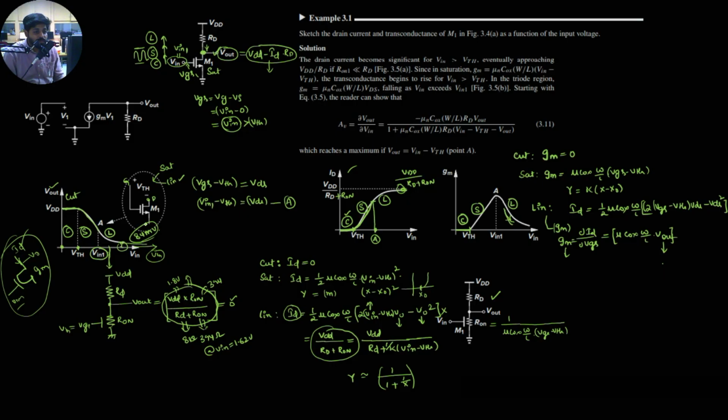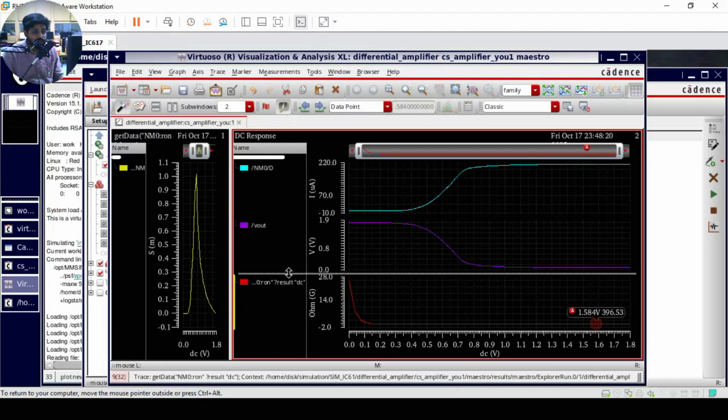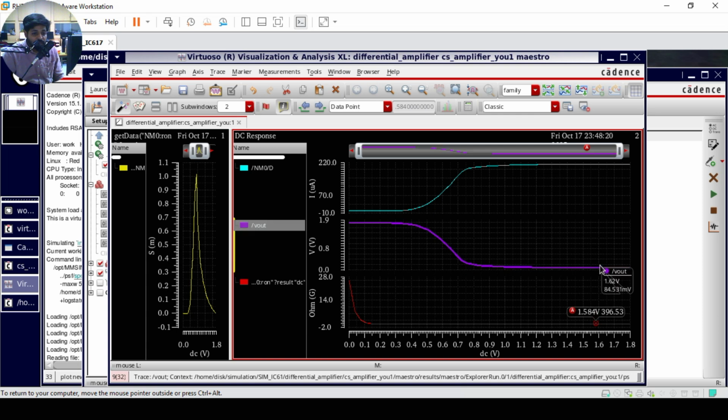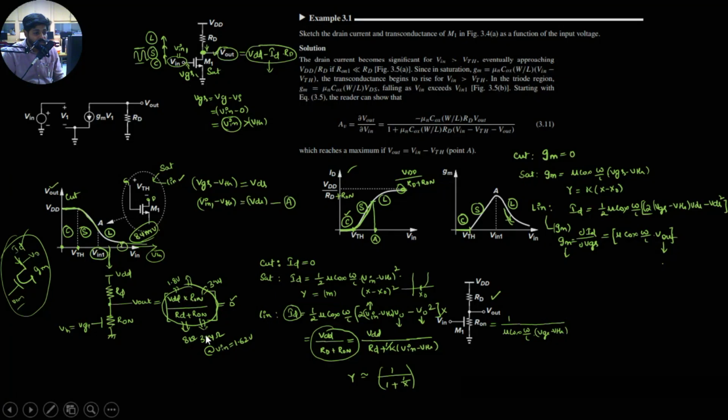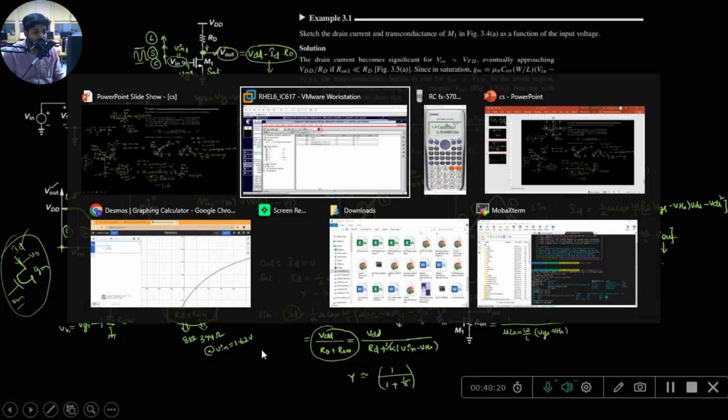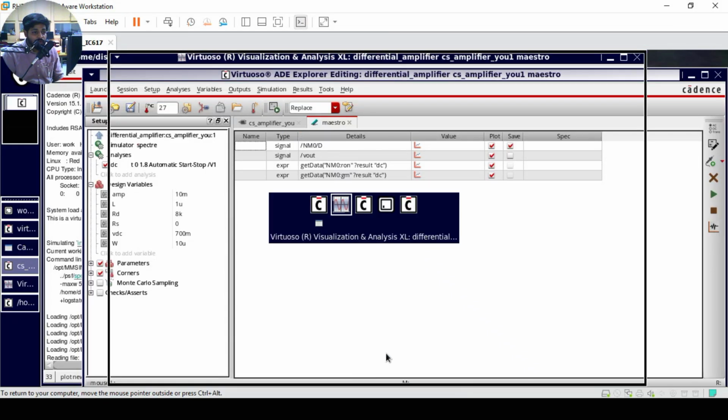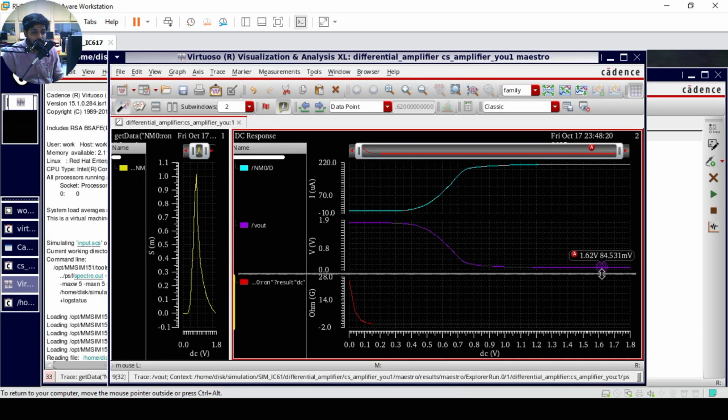So this is what we'll be trying to verify on the tool also, where we can take the output value at 1.62, the 84 millivolts. So theoretically what we got and practically what we got, both are similar. Yes, 84 is the theoretical value, and 84 is the practical value we got.